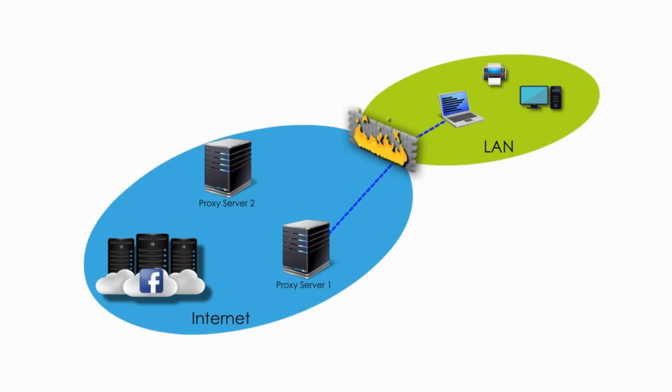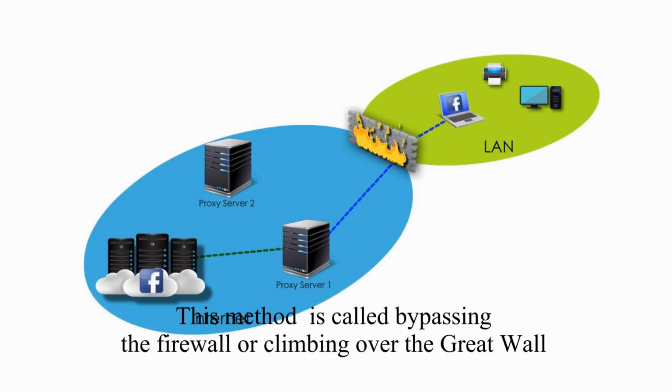Instead, I log onto my proxy server in my garage and ask my proxy server to get Facebook, and then my proxy server gets the Facebook. As long as my school does not block my proxy server, I will have no problem with checking my Facebook through my proxy. This method is called bypassing the firewall or climbing over the Great Wall.